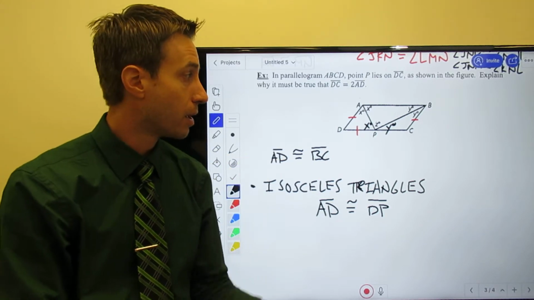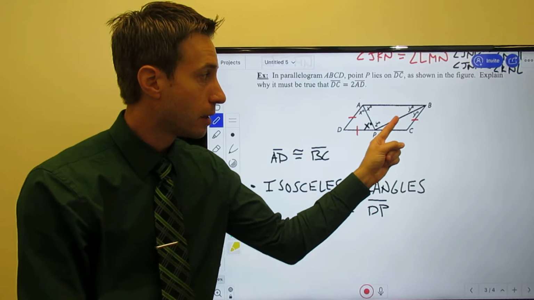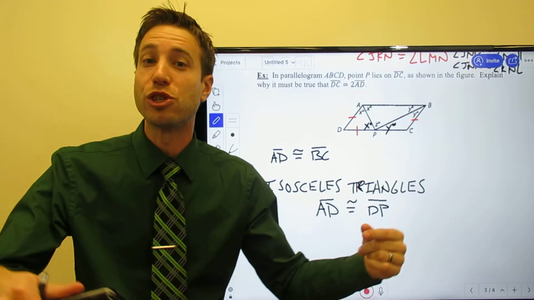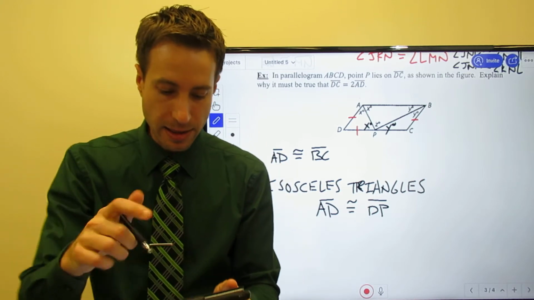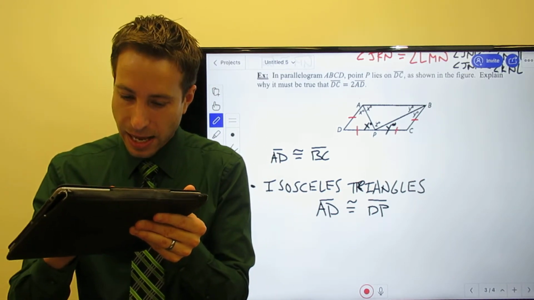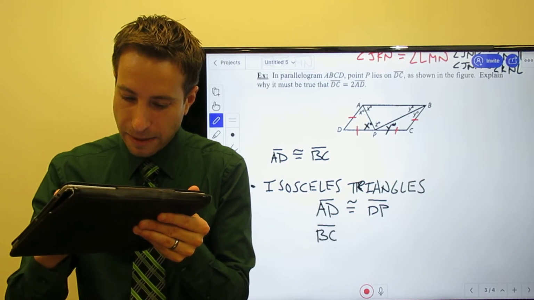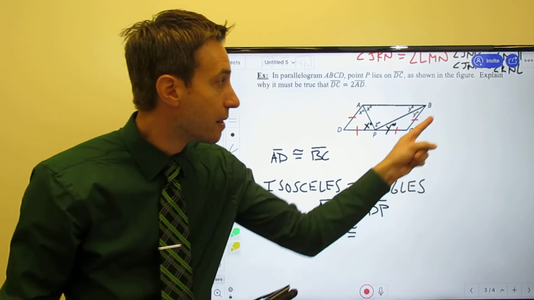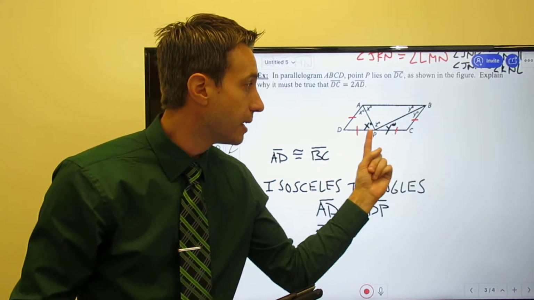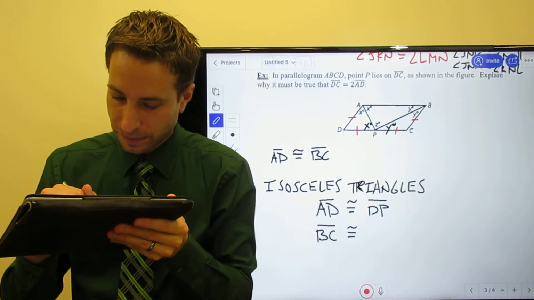Here's another one. Angle Y, angle Y. The base angles are congruent, which means the sides opposite the base angles are congruent. So that means that side BC has to be congruent to side PC.